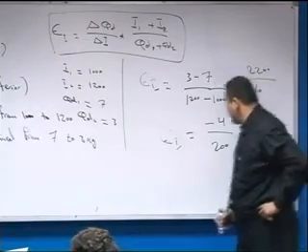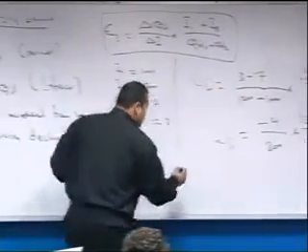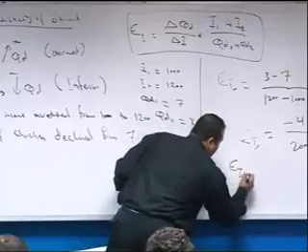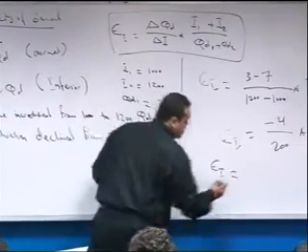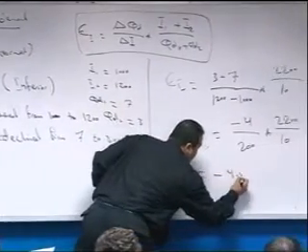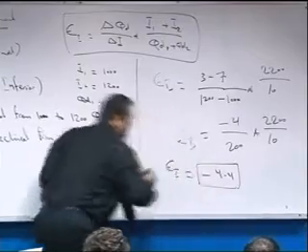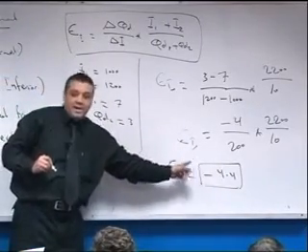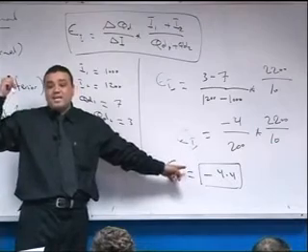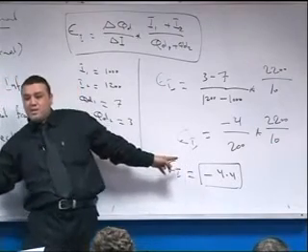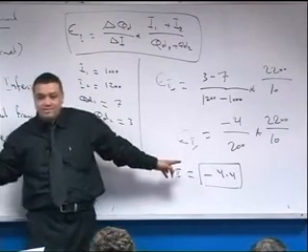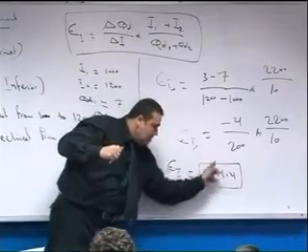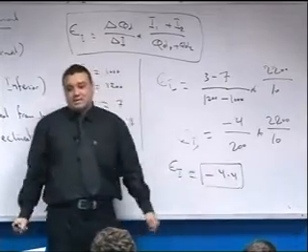E_I equals minus 4.4. As you see, the sign of income elasticity of demand is minus, so the product is inferior. So it would be frozen chicken. And the demand is elastic, right?